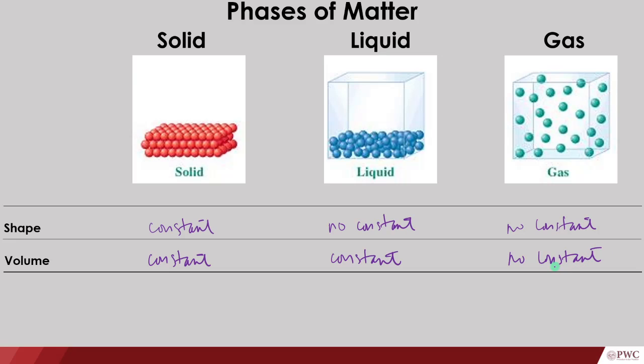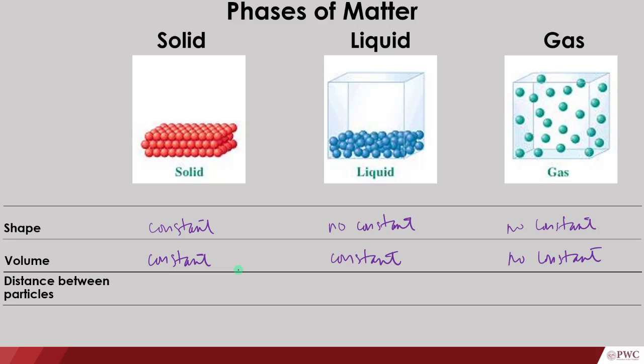Now let's explain these differences in terms of their particle model. Let's compare them in terms of the distance between the particles. Obviously for solids, the particles are very close to each other. For liquids, the particles are also close to each other, but not as close compared to solids.